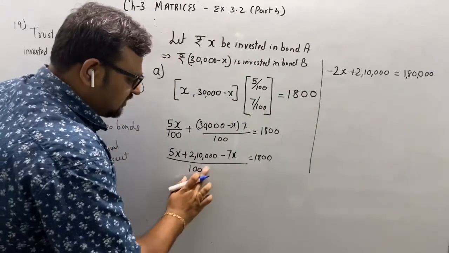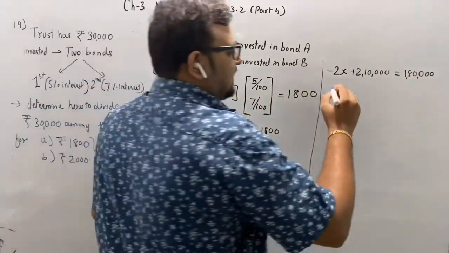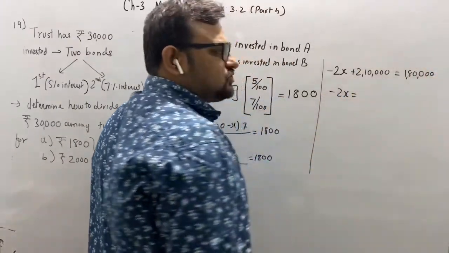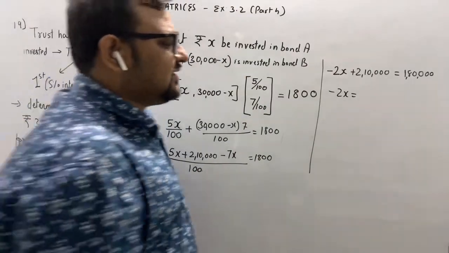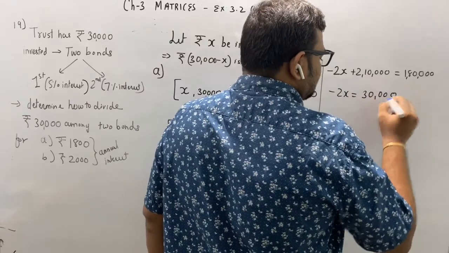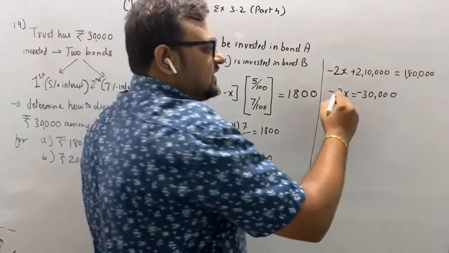Sorry, it's 100, not 1000. So 1 lakh 80,000. So minus 2x equals 1 lakh 80,000 minus 2 lakh 10,000, that will be minus 30,000. When it goes to that side, it becomes negative.